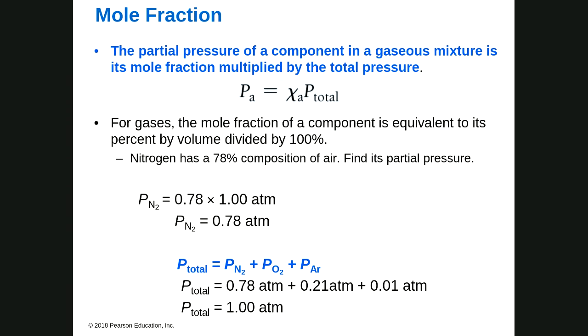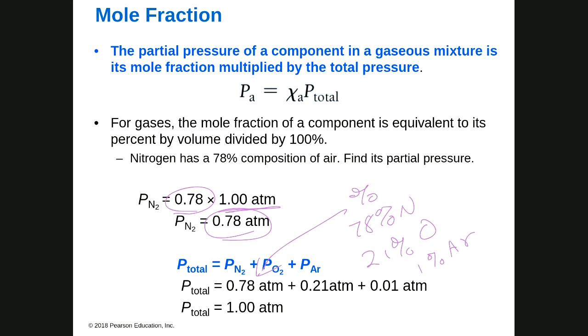So the partial pressure of one of the gases is equal to the mole fraction of that gas times the total, okay? All they're saying is if it's 78%, which is 0.78 mole fraction, and it's 1 atmosphere at sea level, then your partial pressure would be 0.78 atmospheres. And then you could just add them up. These come from those percentages before of 78% nitrogen, 21% oxygen, and 1% argon.